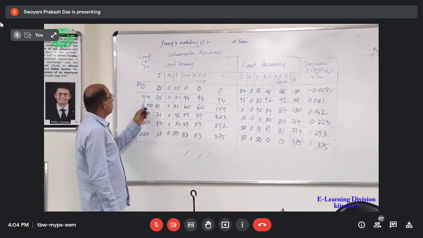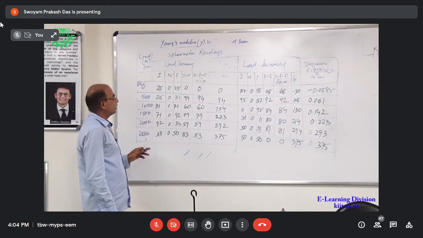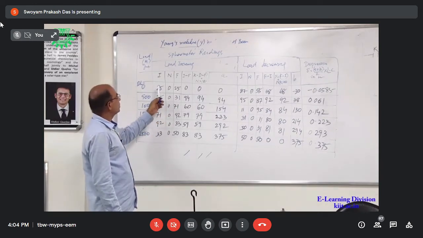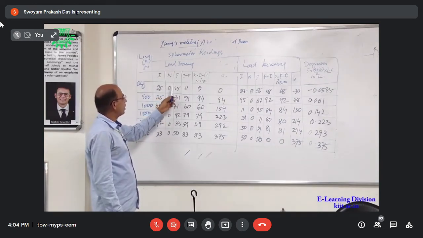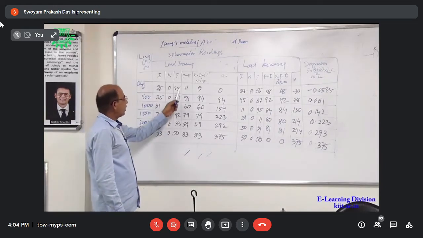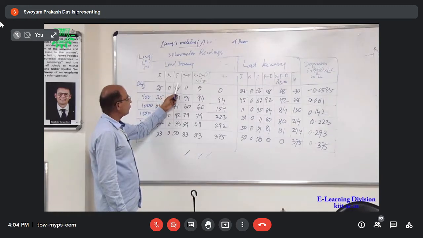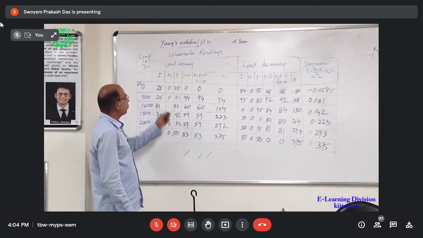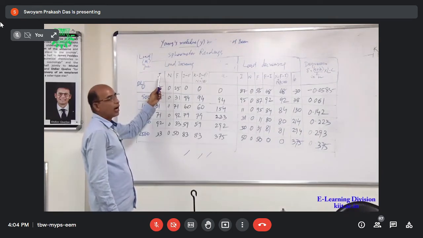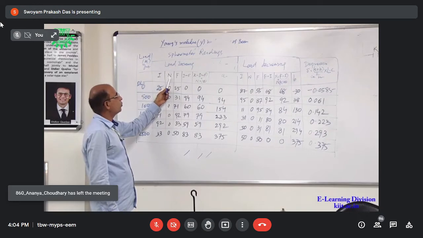Then in each interval, 500 gram load is provided and corresponding readings are taken. Initial reading, complete rotation, final. Everywhere we have got rotation 0. And after you find initial, complete rotations and final reading, these are all from the circular scale. That is why in short it is written I. This is initial circular scale reading. This is number of rotations.